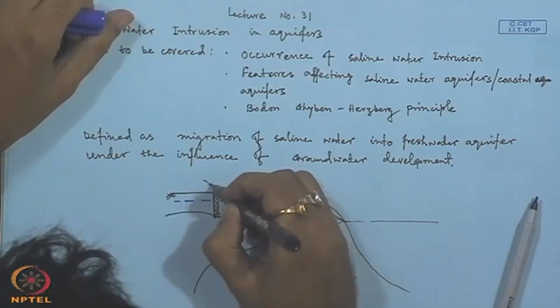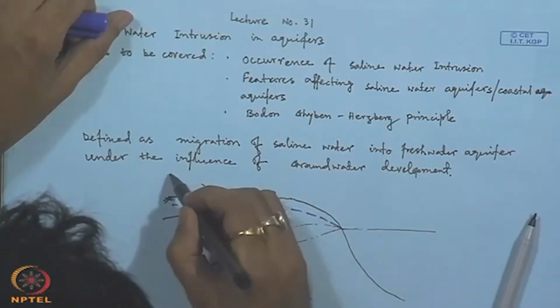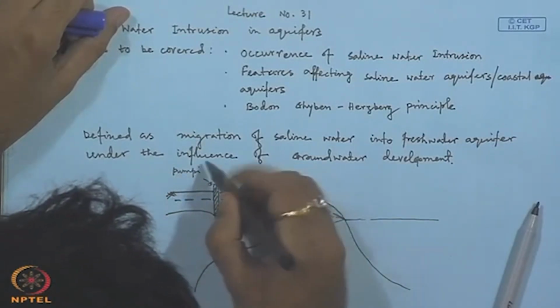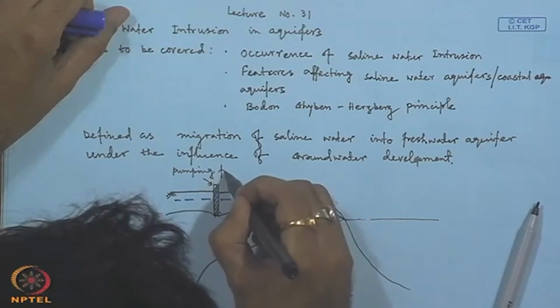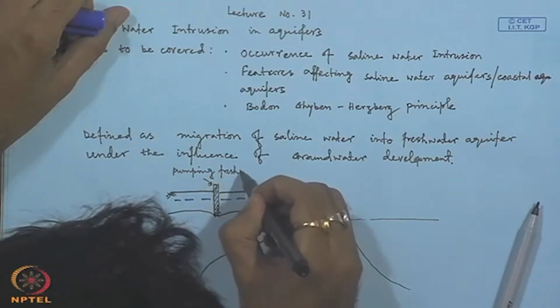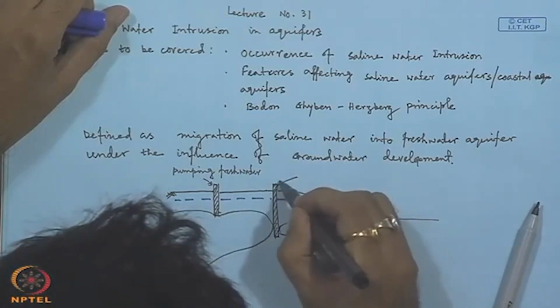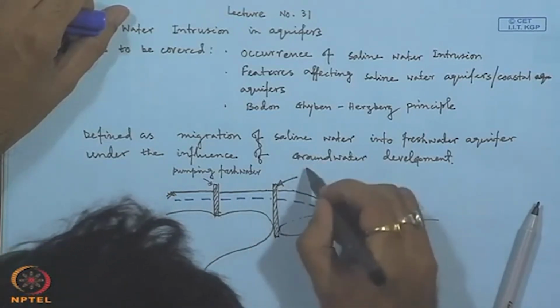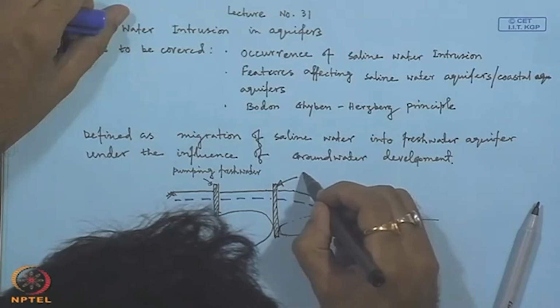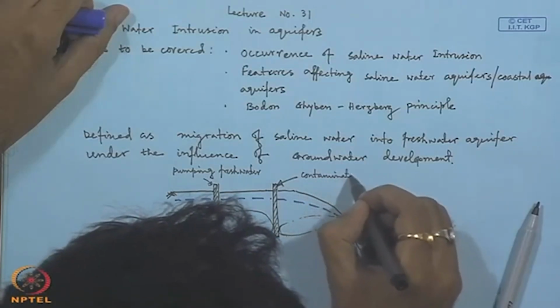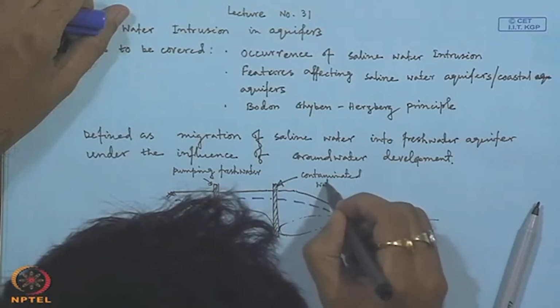So, this particular well is pumping fresh water, and this one is pumping contaminated water.